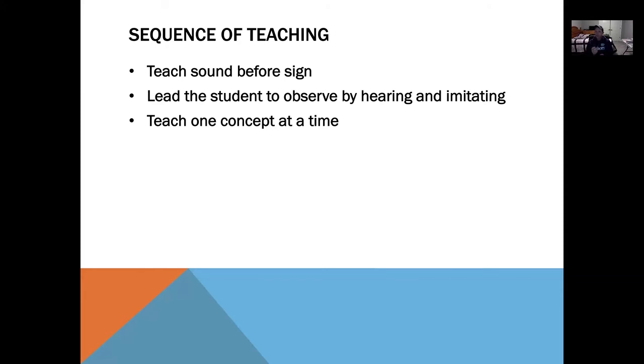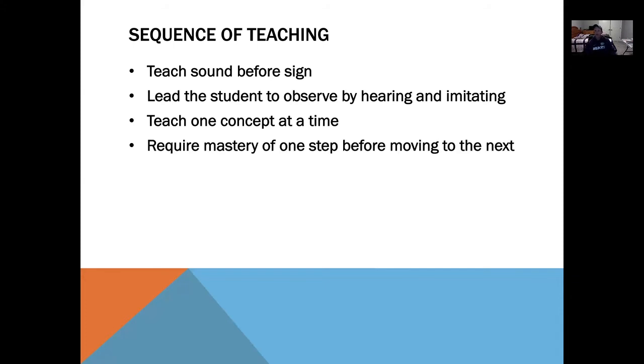But what I want them listening for is intonation. So now I'm going to say, listen to intonation right here. What can we do to make that better? Now, all of a sudden, I'm focusing on one concept. They're working a bunch of different concepts, but they're focused on that one. And that's an important element of sequencing and teaching.